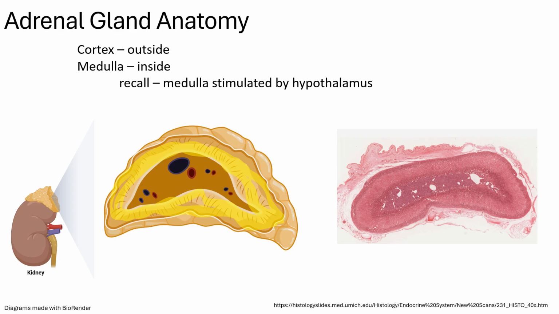The cortex usually has a striped appearance to it, whereas the medulla is really rich in blood vessels and looks like neurons. The hypothalamus connects directly to the adrenal medulla through neurons.